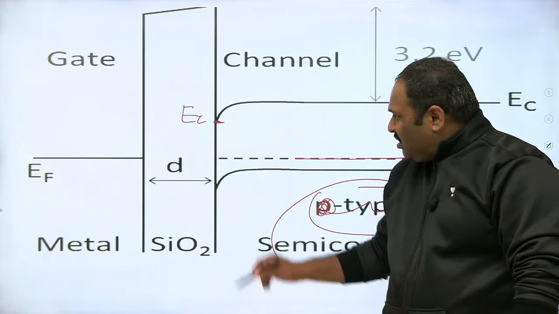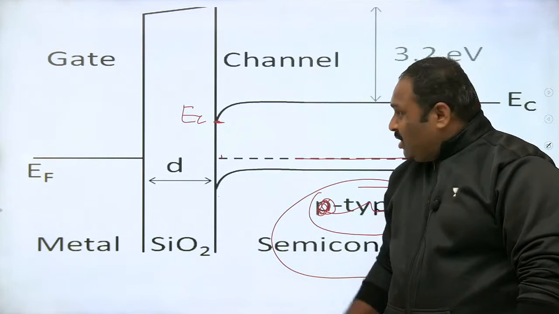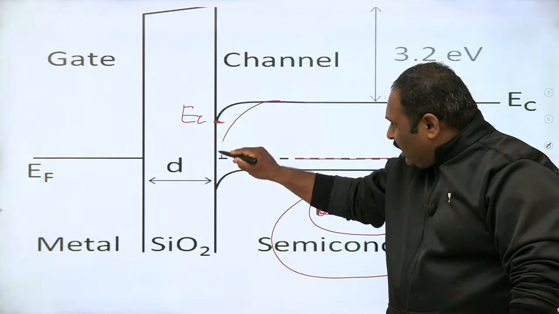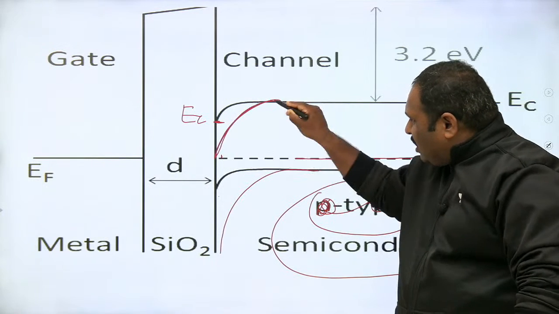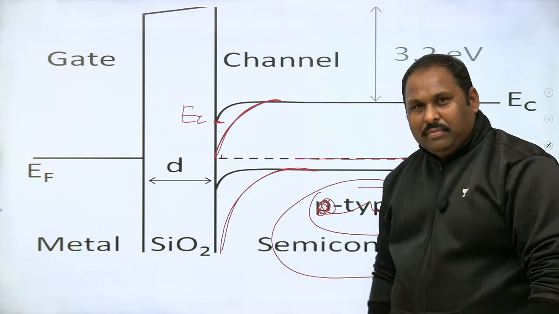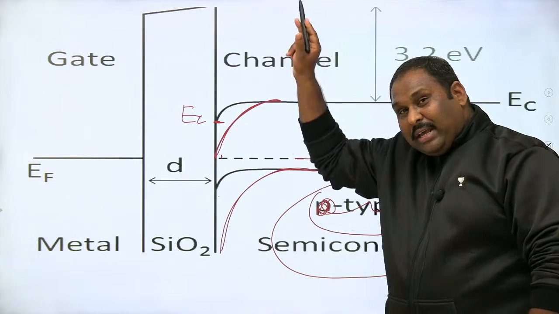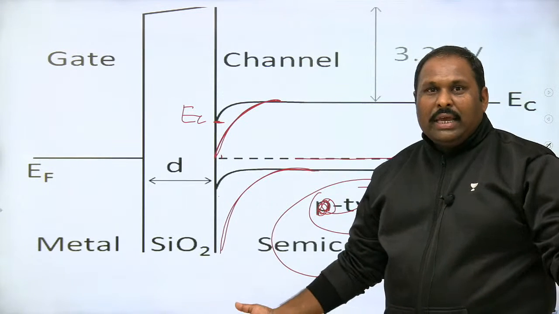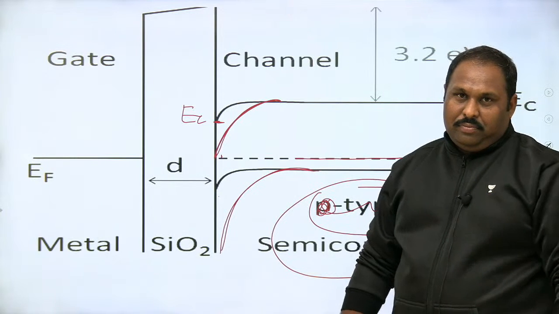But right now, the Fermi level is still close to the valence band. Suppose it was further reducing like this, suppose the bend is much steeper, so much bend that the Fermi level came close to the conduction band. Then the N channel forms. That is inversion mode.